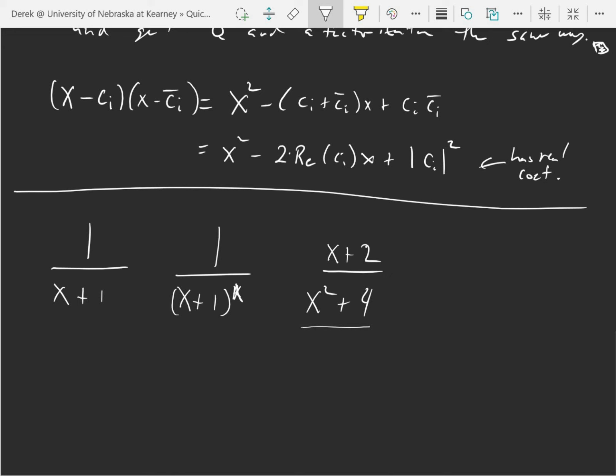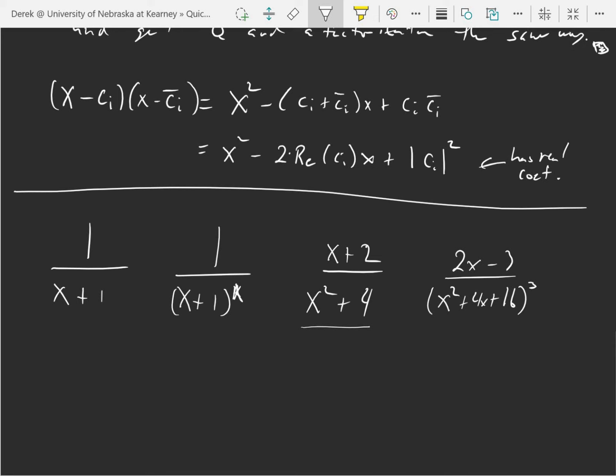We can integrate things like this using a trig substitution, and we can also integrate things like 2x minus 3 over x squared plus 4x plus 16, taken to the third power. We can integrate things like this with trig substitutions and the like.